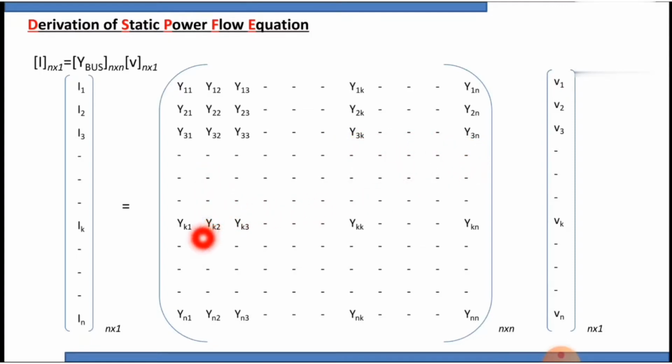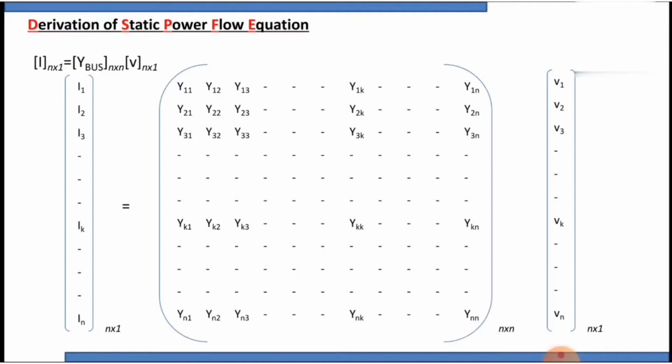And so on for the kth bus, Yk1, Yk2, Yk3 and so on, Ykk and so on, Ykn. And for the nth bus, Yn1, Yn2, Yn3 and so on, Ynk and so on, Ynn. This is the Y bus n by n matrix. And the V matrix, of n by 1 order, is V1, V2, V3 and so on, Vk and so on, Vn.